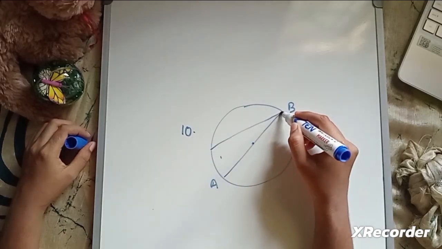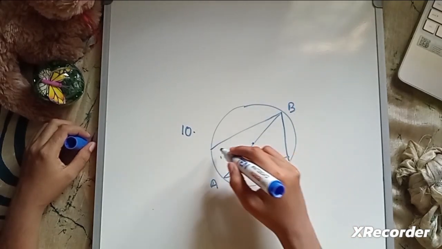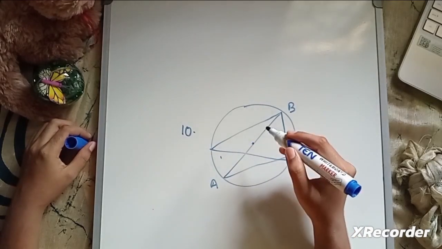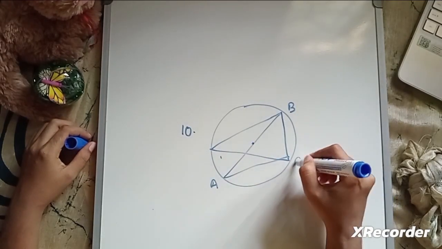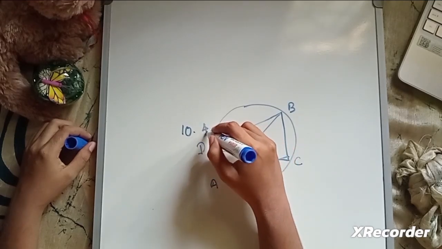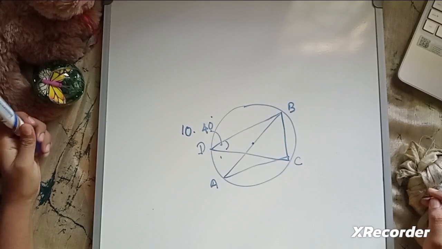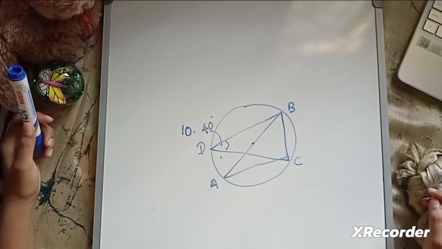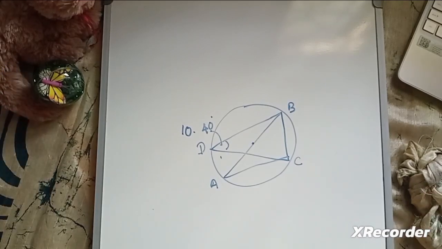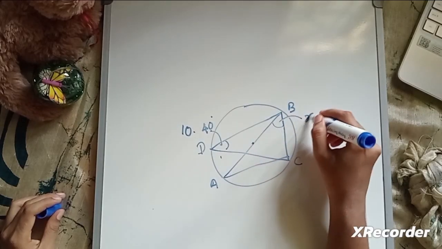You can draw this diagram. See, this is D. This is 40. Then find the magnitude of ABC. We are asking for ABC, this angle.